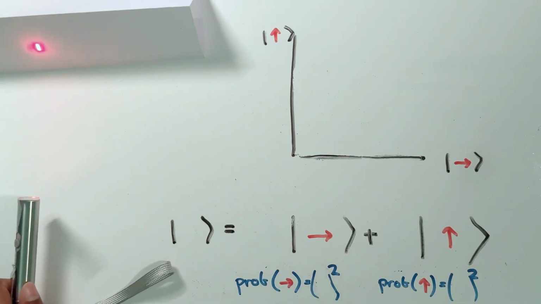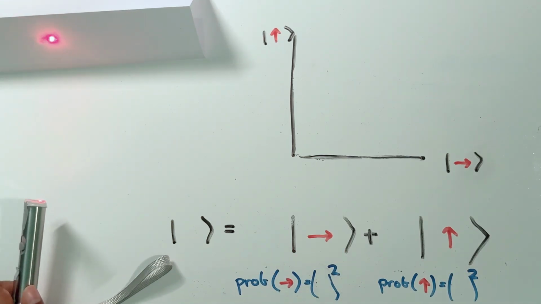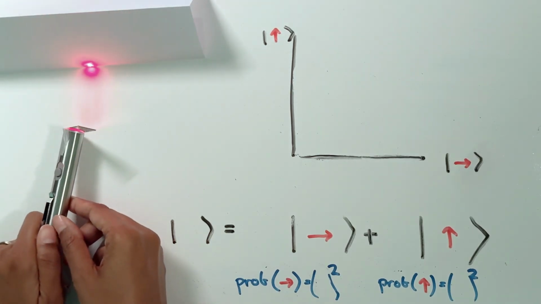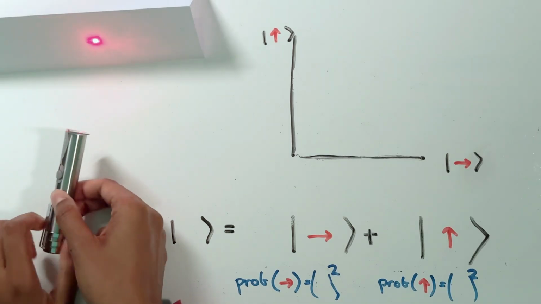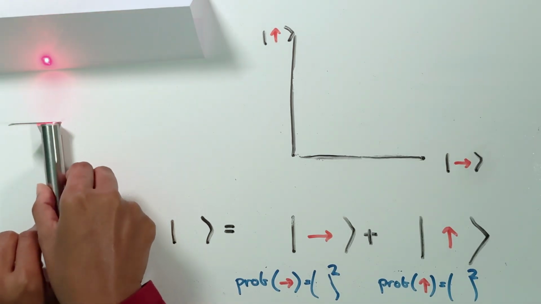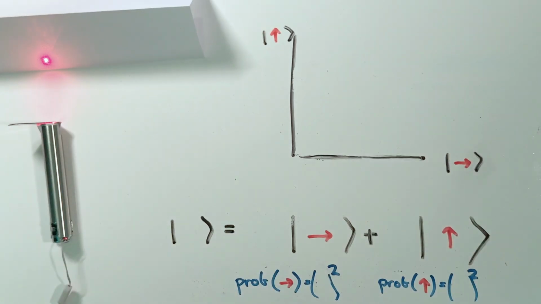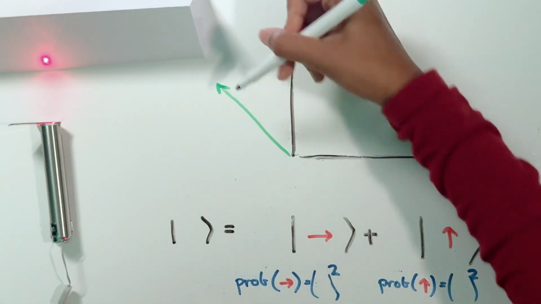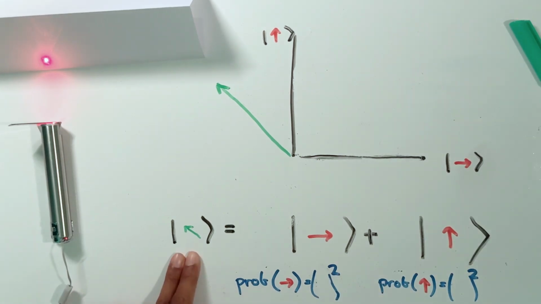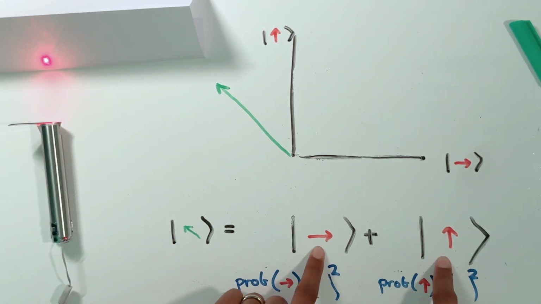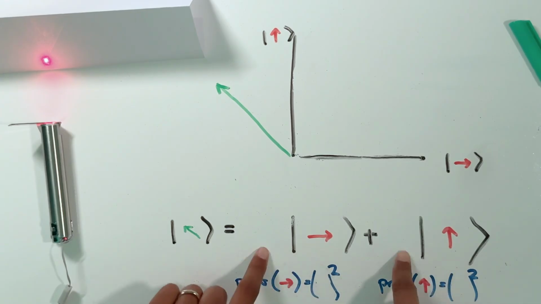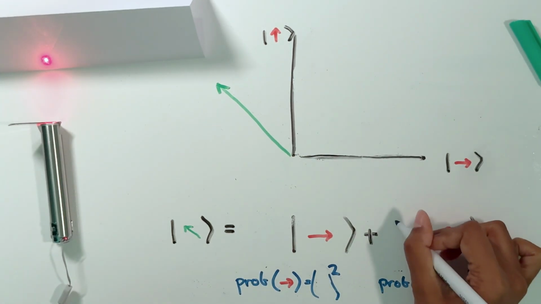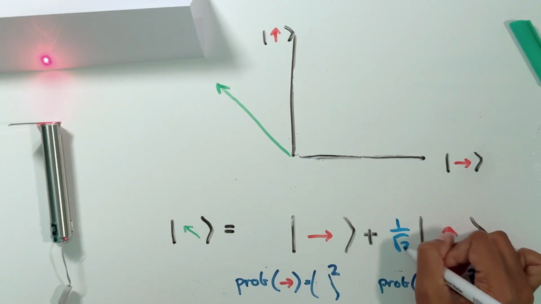So let's just try and do it for a couple more cases. What about, instead of the light being oriented like this, so this 45 degrees, what if it's oriented like this? Well, let's just draw it again. We want to write this light as a combination of these two. So again, it seems pretty reasonable to guess that the length of these two is going to be 1 on square root 2.